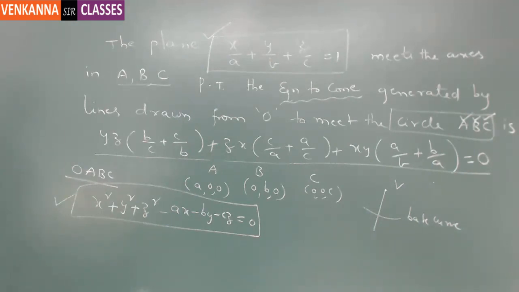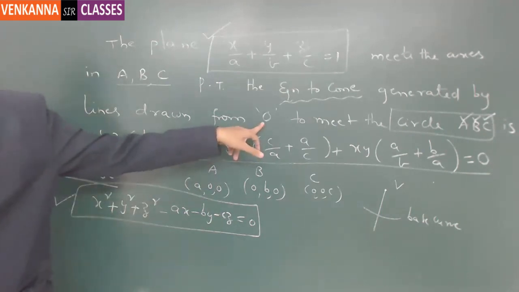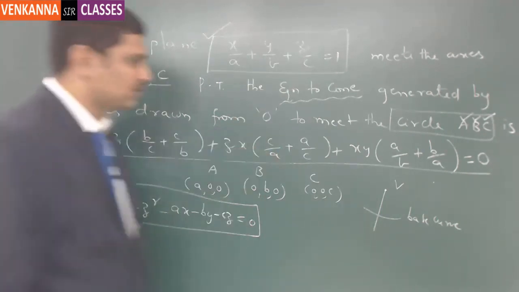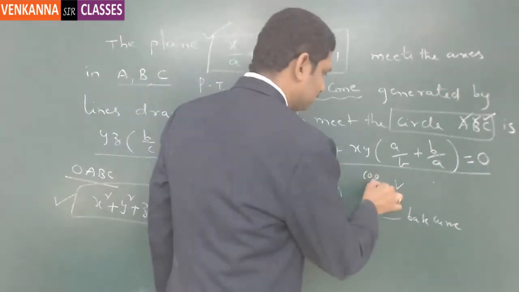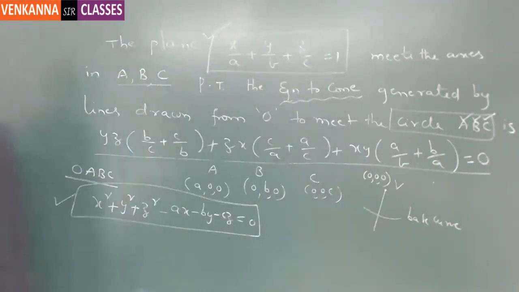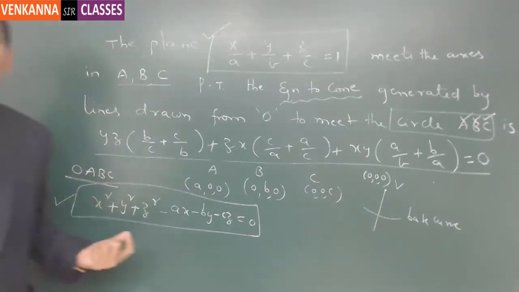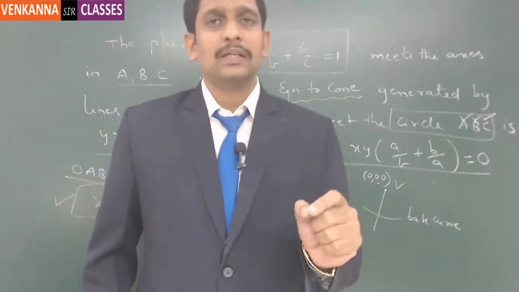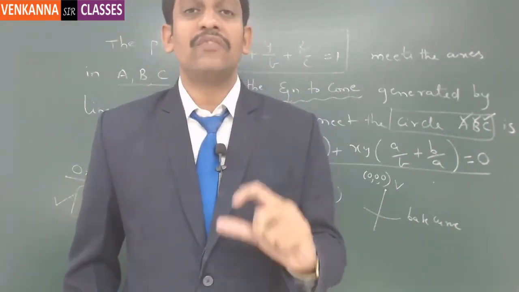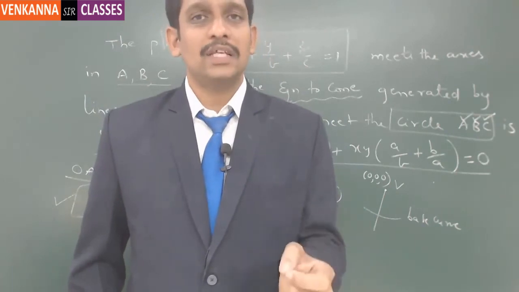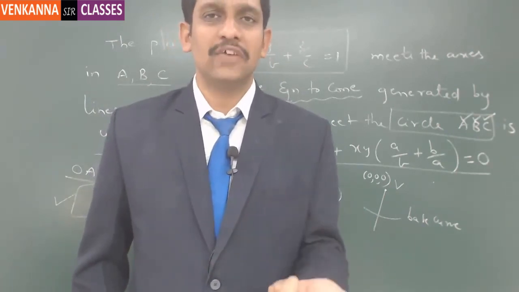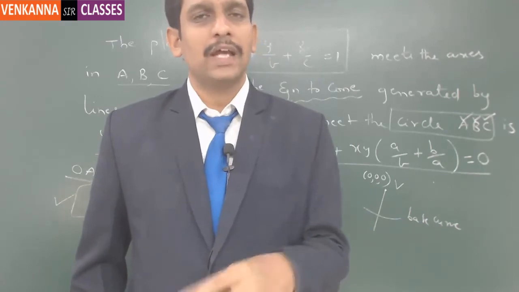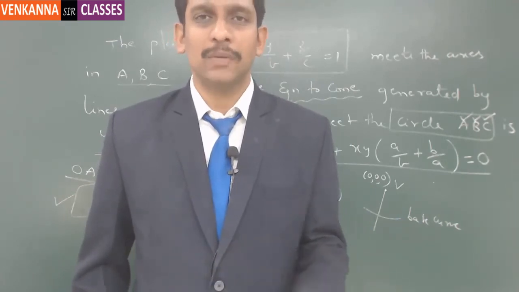Now, please understand that we are finding the equation of a cone from the origin. In other words, the vertex of the cone is the origin. As we have studied the cone properties, whenever you find a cone equation with vertex at the origin, you will always get a homogeneous equation in the respective variables, either 3 variables or 4 variables, whatever may be the case.